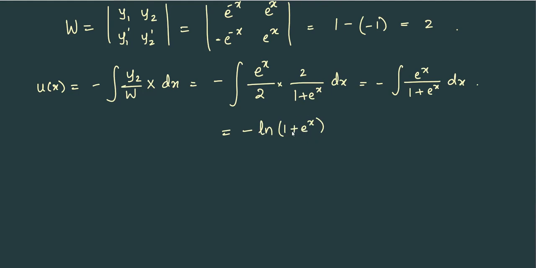E power x is always positive, so 1 plus e power x is positive, so you can remove the modulus. We can differentiate this and see. Derivative of log is 1 upon 1 plus e power x times e power x. So you get this. So this is u of x.